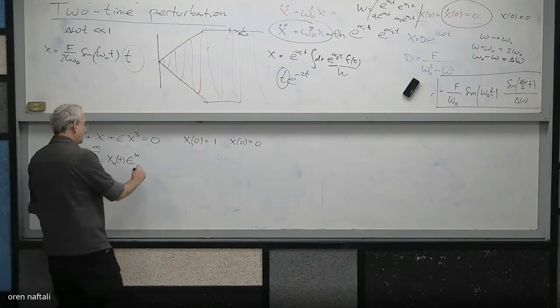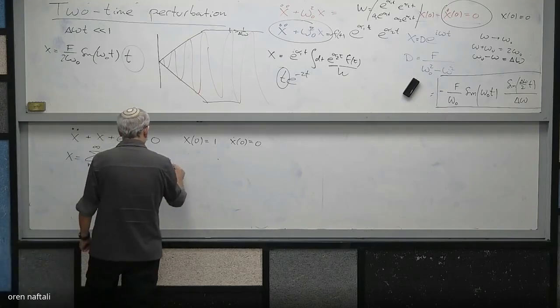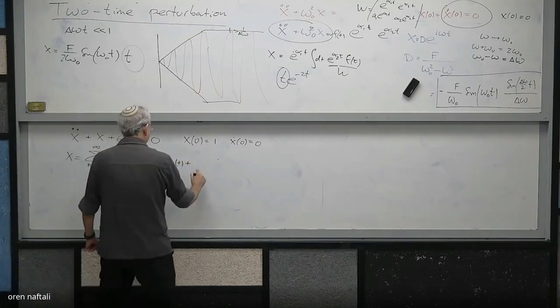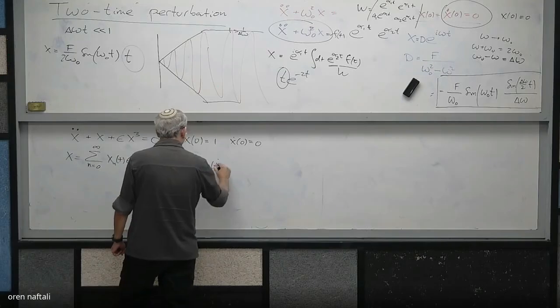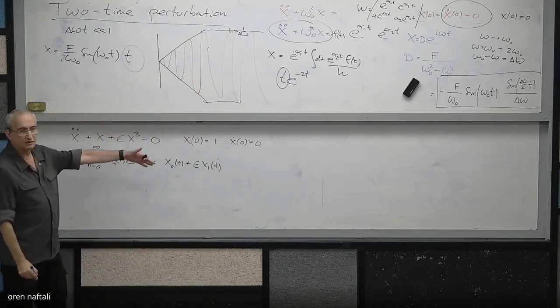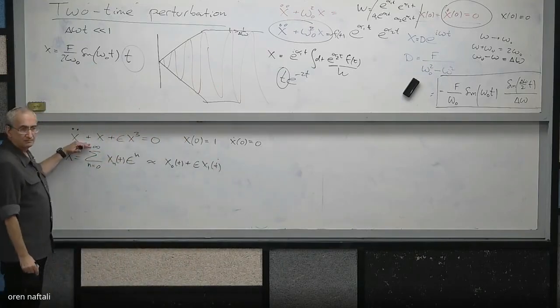So for example, the first terms will be x_0 of t plus epsilon x_1 of t, plus epsilon squared. Then we plug it here, and we solve order by order in epsilon.